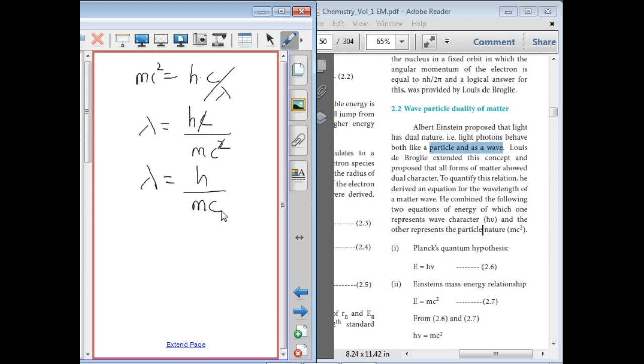The above equation is applicable to any material particle. The mass of the photon is replaced by the material particle.